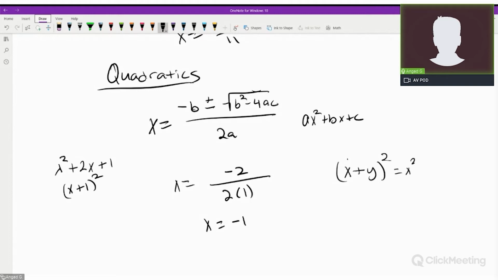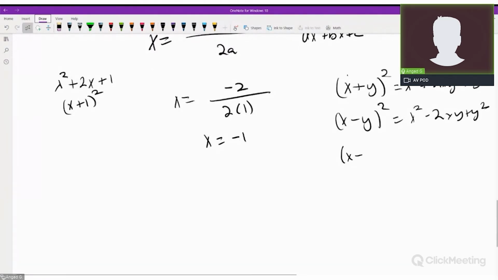This is going to be x squared plus 2xy plus y squared, right? We have x minus y squared. This is going to be x squared minus 2xy plus y squared. And if we have x minus y times x plus y, we're going to have x squared minus y squared.